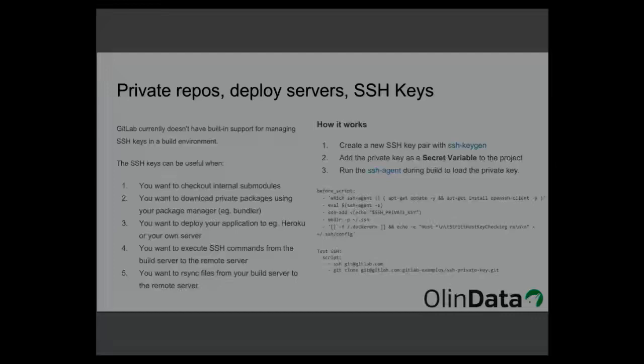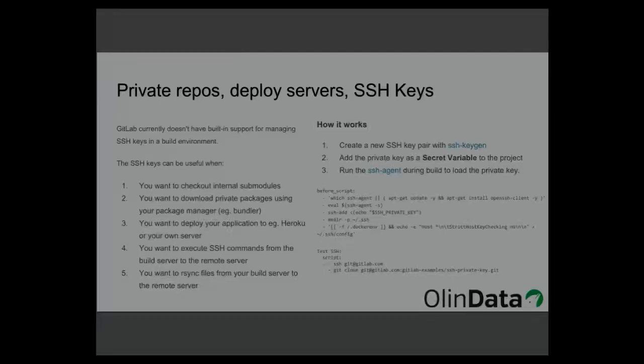So the only thing you need to do in your before script is make sure that whatever environment you're running in actually has SSH agent installed and creates the private key on the build environment that you're running at that moment. So in this case, we do an apt-get update and an apt-get install of OpenSSH client. We SSH add the private key.